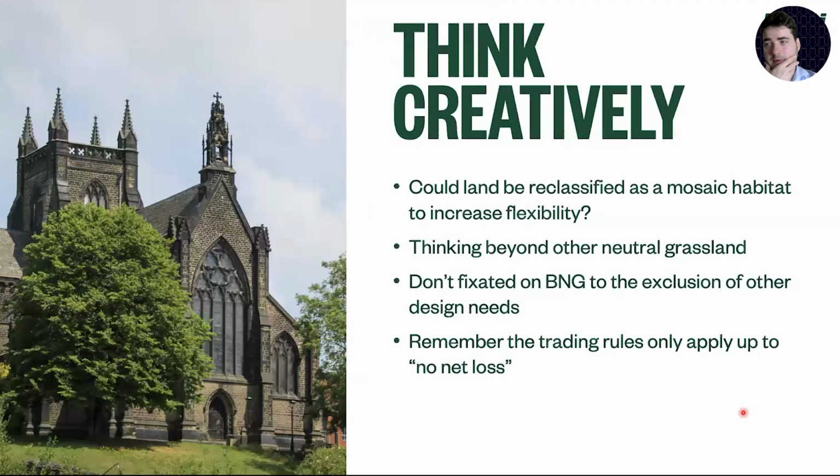I've given some examples here that we've talked about already. If you're working in a floodplain, ideally you're not building houses in a floodplain, but if you're working on developing land that has floodplain and thinking about putting in a habitat, you can consider individual habitats, but actually sometimes there's a mosaic habitat that meets the same habitat description. I think this is really important when we think about wood pasture, where we know that the description of wood pasture includes football pitches, modified amenity grassland, even farmland, as long as the key features of that wood pasture are still there.